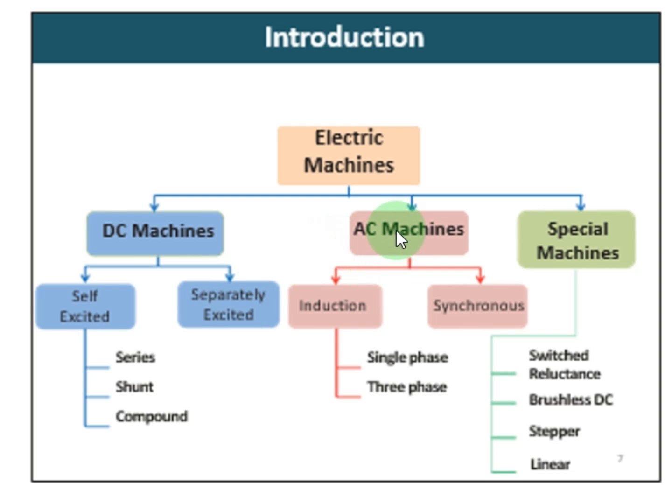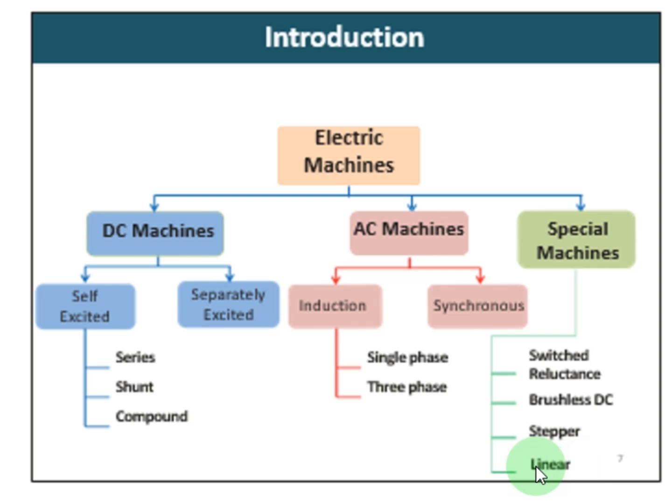And then we have AC machines. They are again divided into two types: induction and synchronous. The induction motors are again divided into single phase and three phase. And then we have special kinds of machines like switched reluctance machines, brushless DC motors, and also stepper motors, which you use for robotic applications.